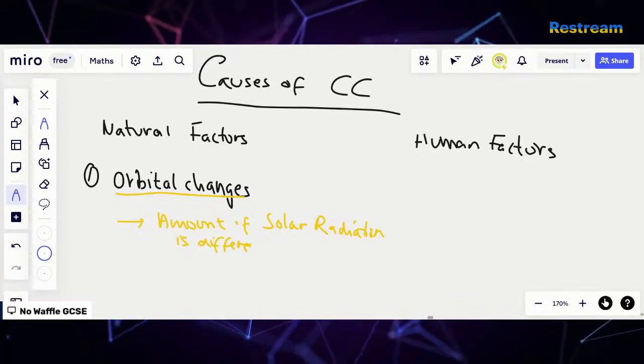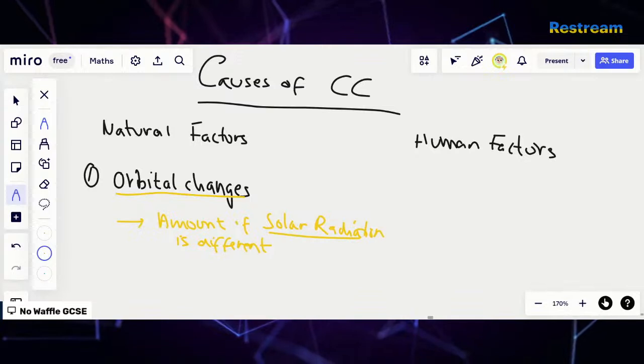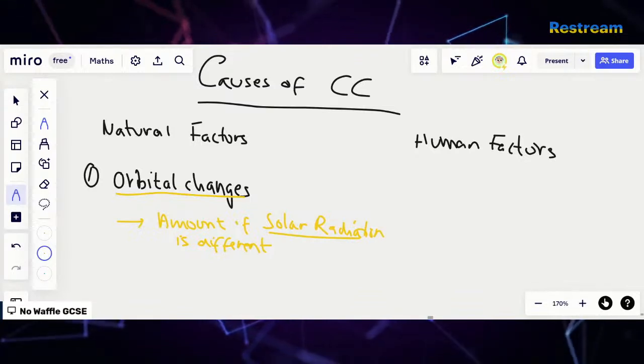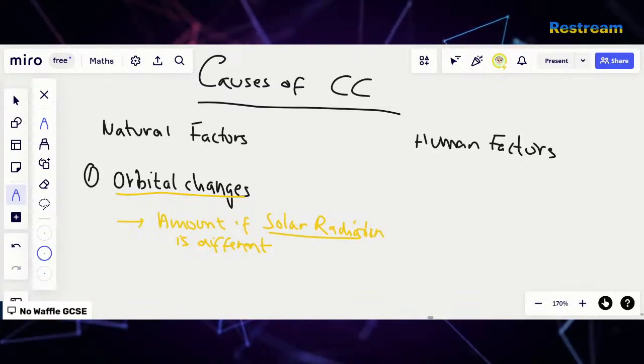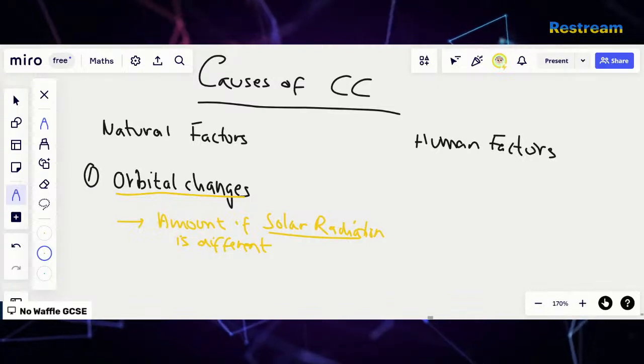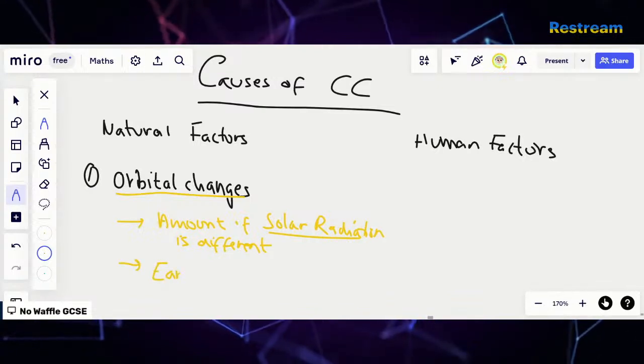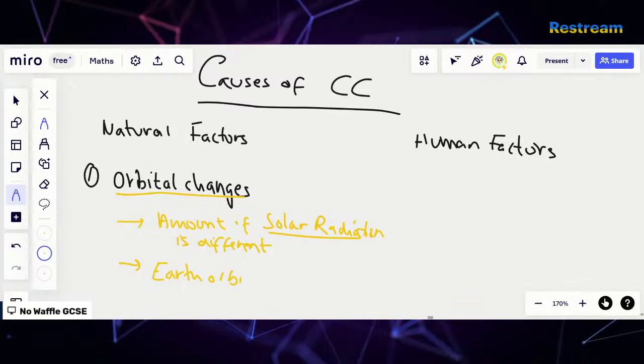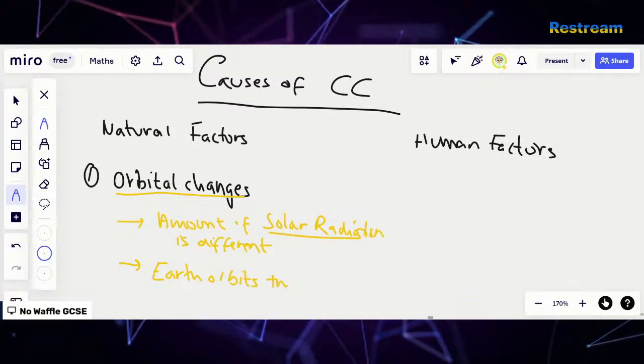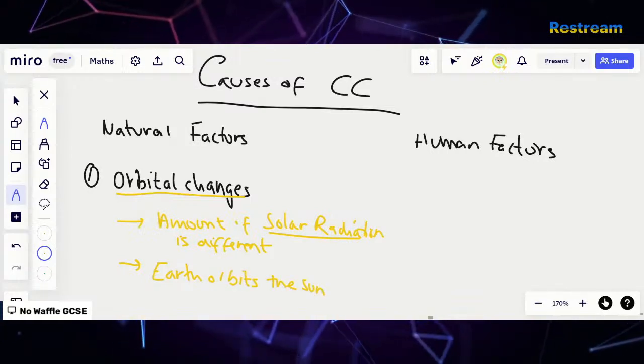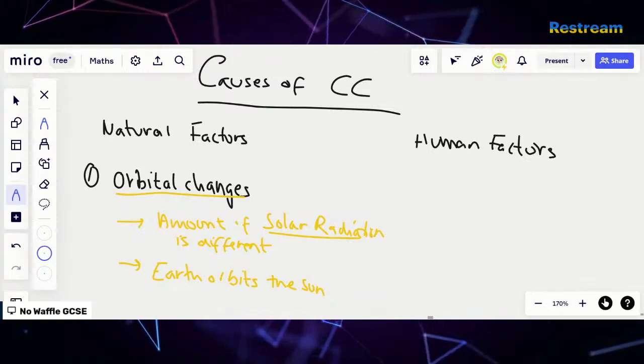It changes, it's volatile. So solar radiation is one factor. And then also there's variations in the way in which the Earth orbits the Sun. So the Earth orbits the Sun in various different ways.